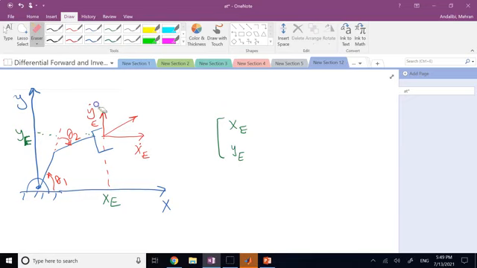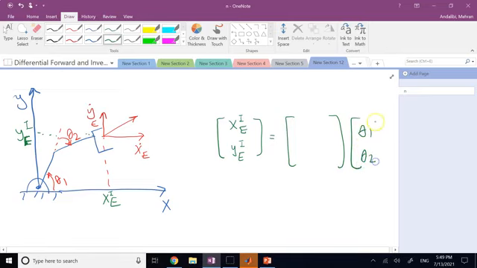It's better to stay consistent. These relations, if you remember, I could not write as some 2 by 2 matrix times theta 1 and theta 2, which are my joint variables. So if this was my vector q and this was my end effector position, I could not write them as a linear combination of these, right?